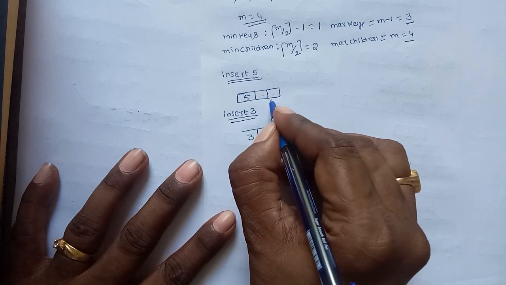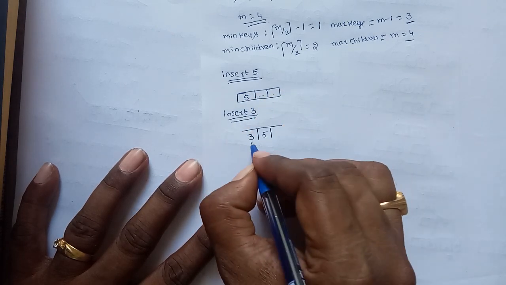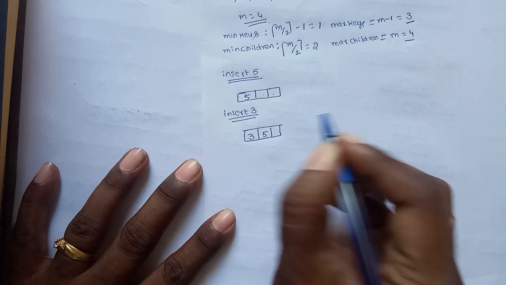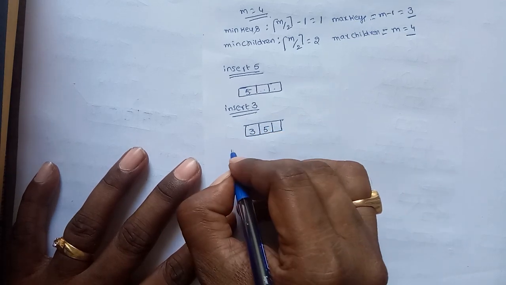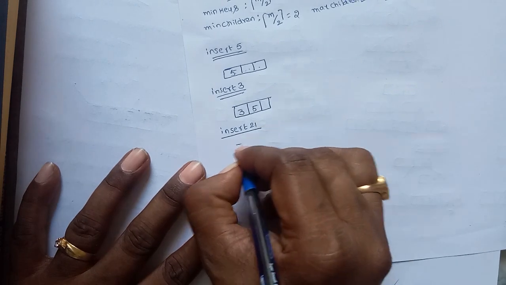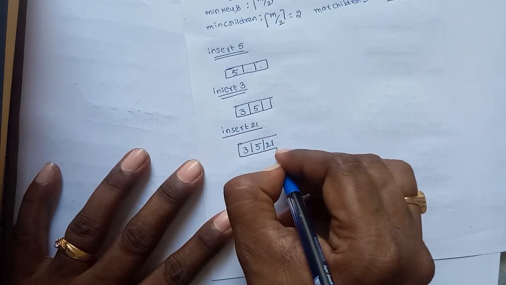We have only one node and that is the leaf node. According to ascending order, the position of 3 is this one, 3, 5. Next, insert 21. So simply 3, 5, 21, no problem.